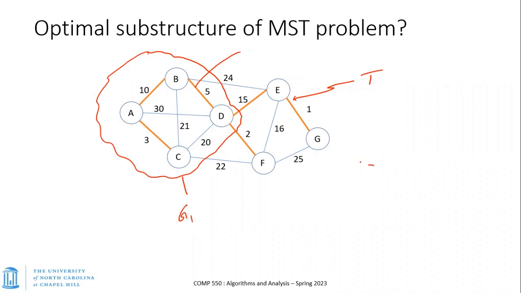And this was the original graph, and the original graph had T as a minimum spanning tree. And let's say the part of the spanning tree we'll call T1, all right? So is T1 a minimum spanning tree of G1? Okay, you can see that that is true, but is that always guaranteed?